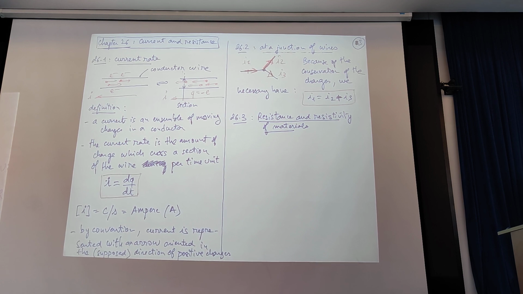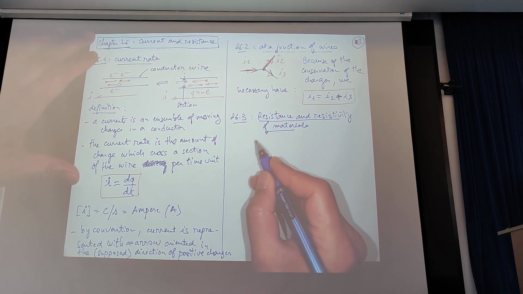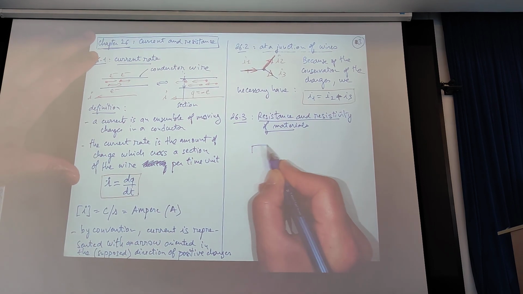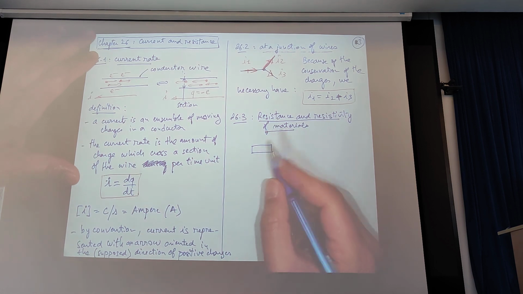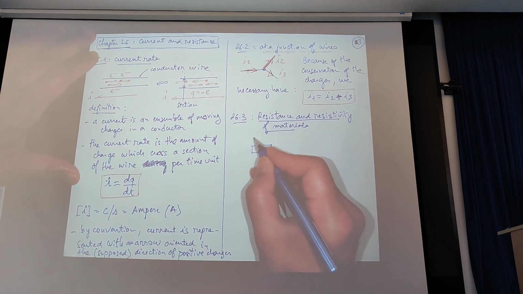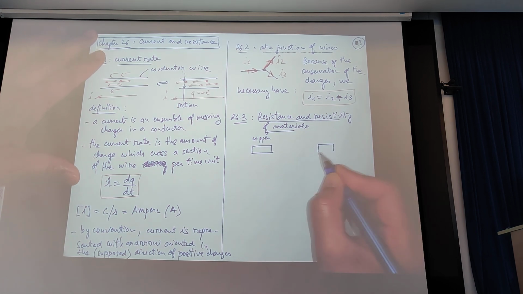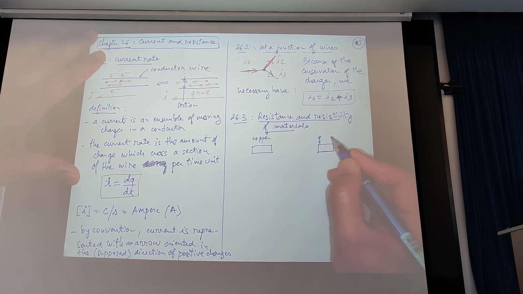We can make an experiment. Let's consider two materials. This is, for example, copper, and here is the same geometry, but glass.